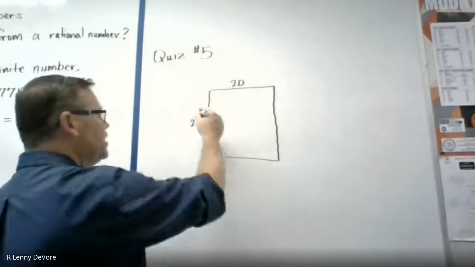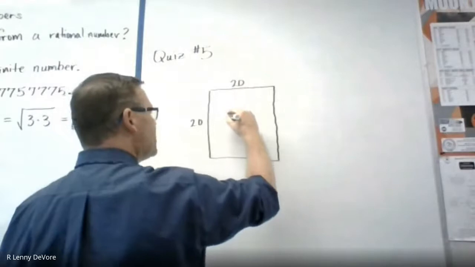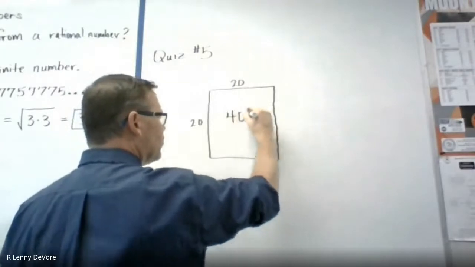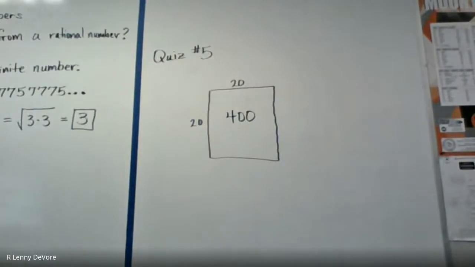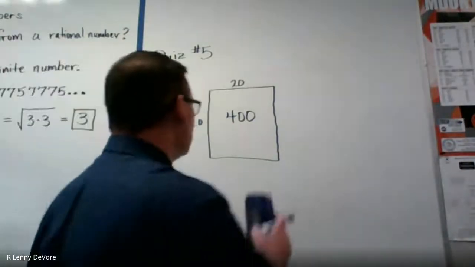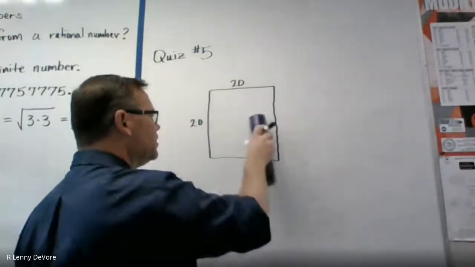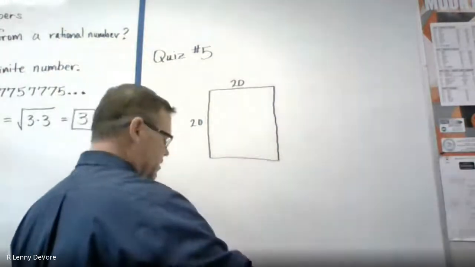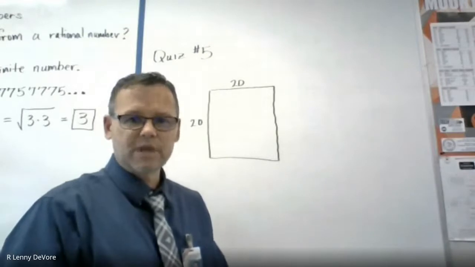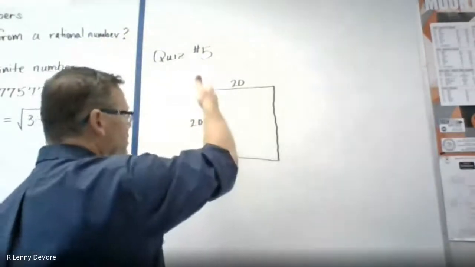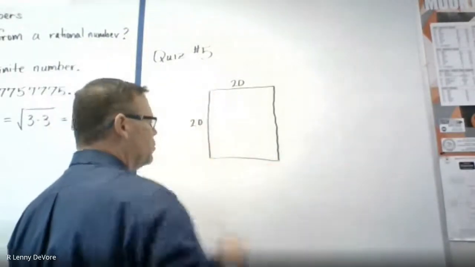In other words, 20 multiplied by 20, this would have an area of 400, okay? So, however, the question says to go through and add another foot onto each length.